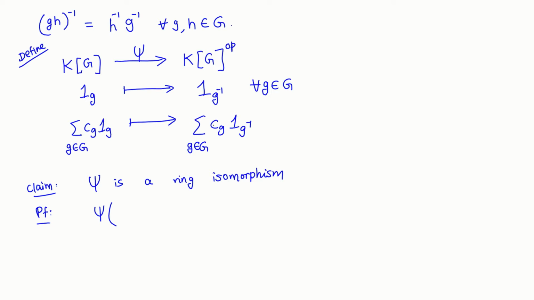So summation Cg1g goes to Cg1g inverse. So psi preserves addition is easy to check. So psi of alpha plus beta equals psi alpha plus psi beta for all alpha, beta coming from Kg. So I will leave this for you to check.